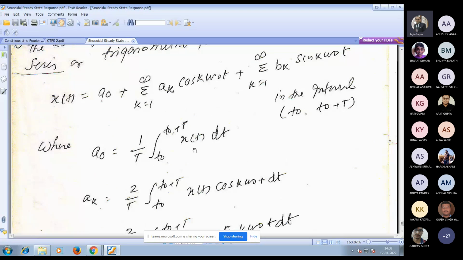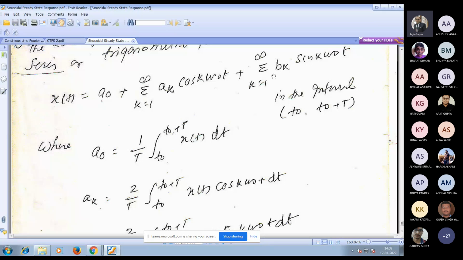Here, the important thing is to understand the concept of Fourier series, not the mathematical equation written over here. Because once you have the mathematical equation and you have a signal x(t), you will easily be able to calculate the Fourier series coefficients a naught, a_k or b_k.